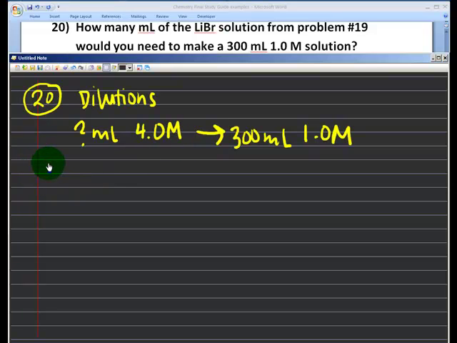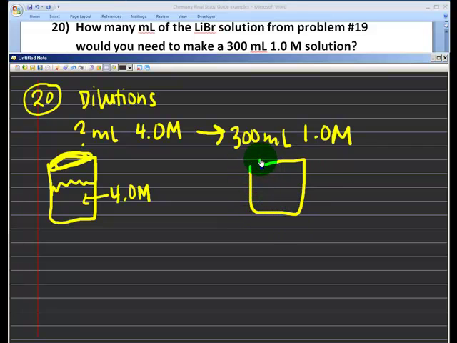So let's look at this. Let's say we made a solution, and this solution is 4.0 molar. Now, what they're asking from you is, how would you make this 300 milliliter solution of a 1 molar solution?